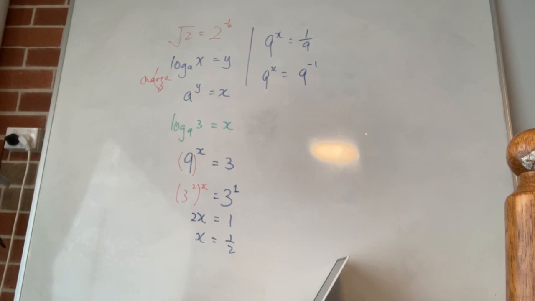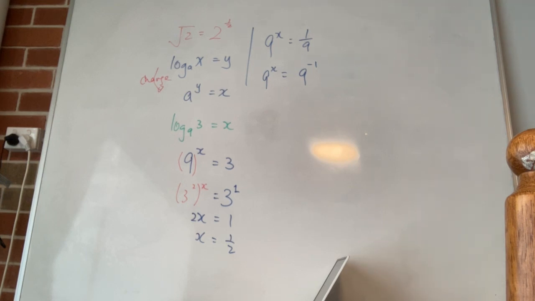Do the same thing. So we are going to have 100 to the power of x equal to 1000. And then what base are you going to choose for both of them? Like 10, yes, change it to base 10.